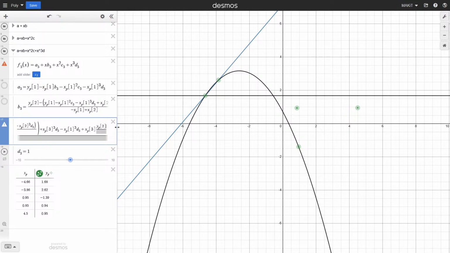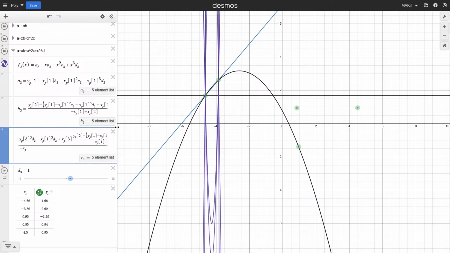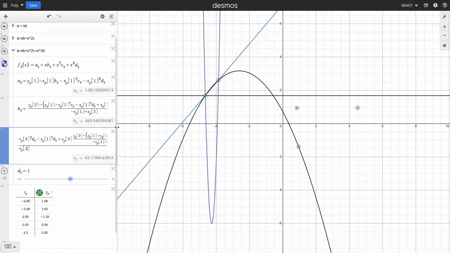Well, y2 divided by, no, wait, minus in brackets y1, it's a y, y1 minus x1 cubed times, let me guess, times d3, yeah, plus x2 cubed times d3, and that divided by the usual negative x1 plus x2, and then all of that divided by negative x1 squared.